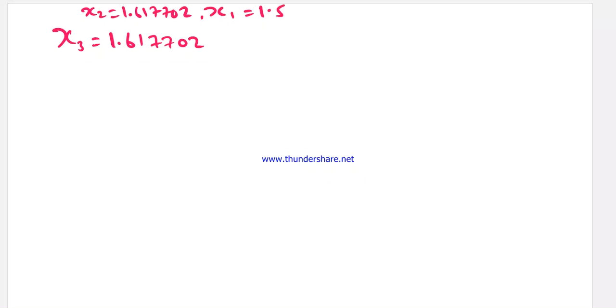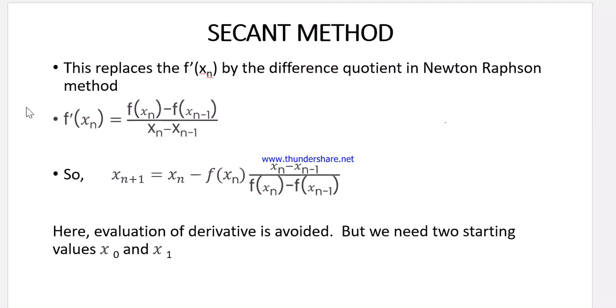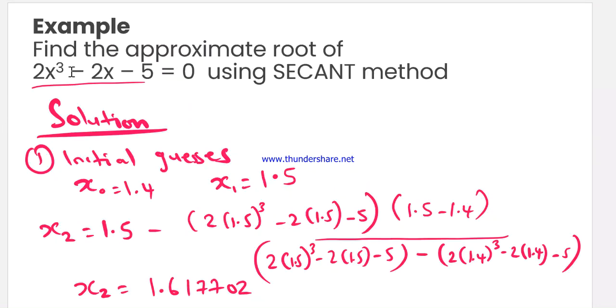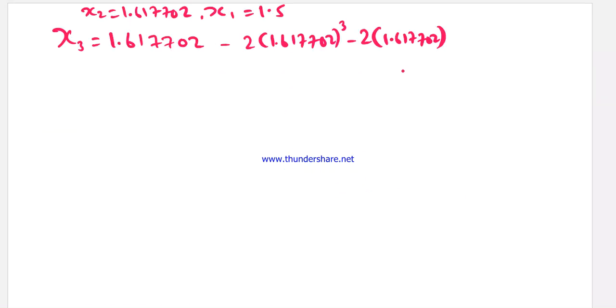Those are the two x's we are going to use now. So to get our x3, minus 2 times 1.617702 cube minus 2 times 1.617702. Remember, we are still evaluating this function 2x cubed minus 2x minus 5. So minus 5.